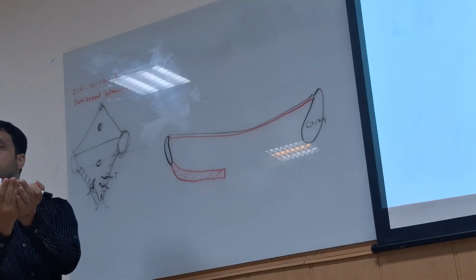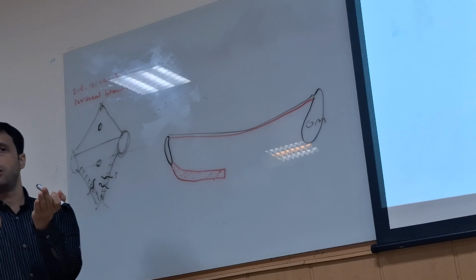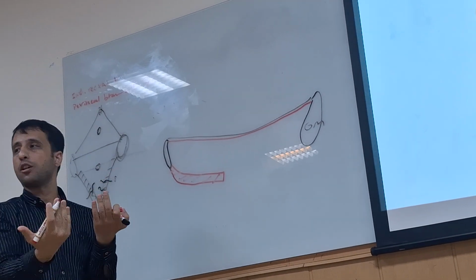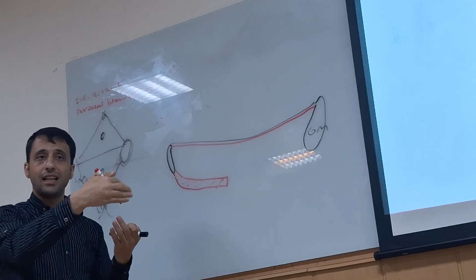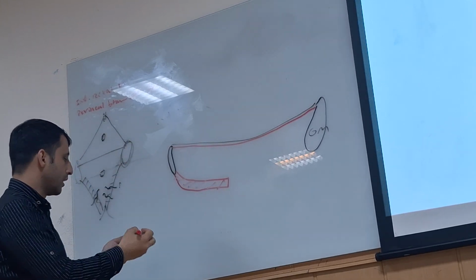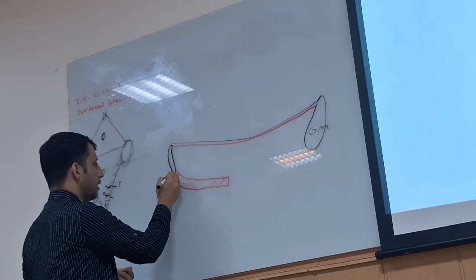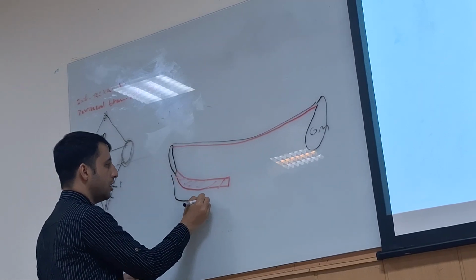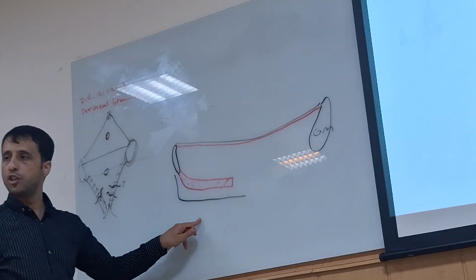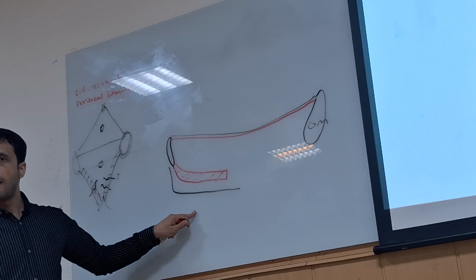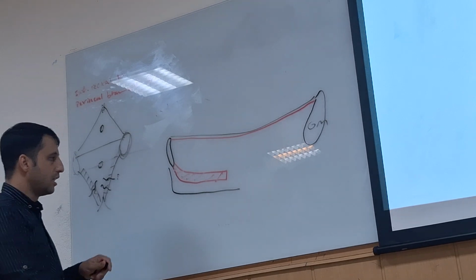The perineal membrane is some part of the deep fascia, which is located in the anterior triangle. Inferior to the perineal membrane, I have a superficial fascia. Yes. What is the name of the superficial fascia in the perineum? Colles fascia. Yes.